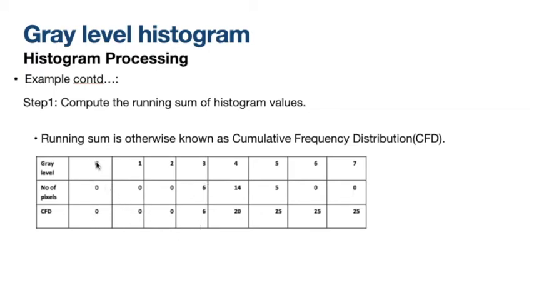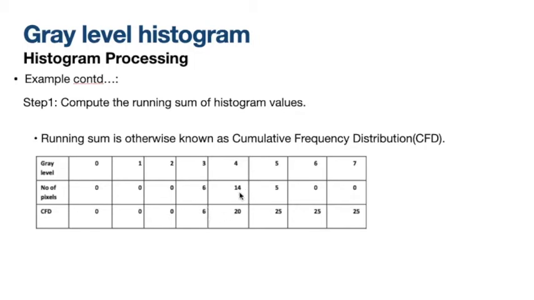Okay, so for gray level 0 the number of pixels is 0. Then for gray level 1 the cumulative frequency distribution will be the earlier value plus this value. So again it is 0 and 0, so 0 itself. For 2 you have to add the earlier value plus the number of pixels in this gray level, that is again 0. Then for gray level 3 you have to add the number of pixels 6 to this value, that is 6 itself.